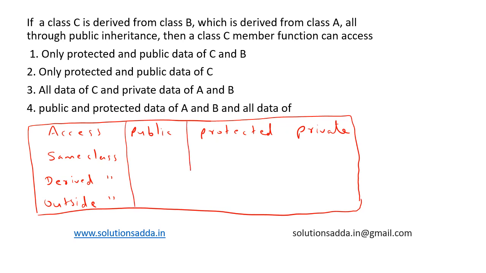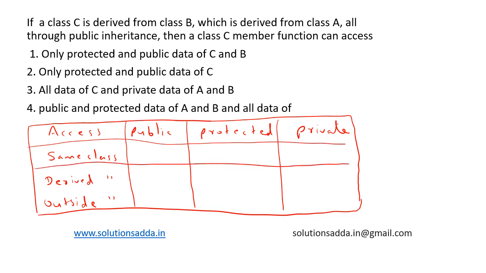So now the table construction is done. For the same class, the public, private, and protected members can be accessed. Whereas for derived class, only the public and protected data members can be accessed.